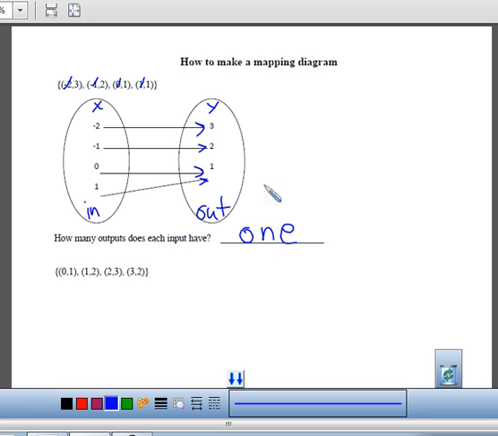Because that's true, this is a function. So we're going to talk about the definition of this in just a minute, what a function is.